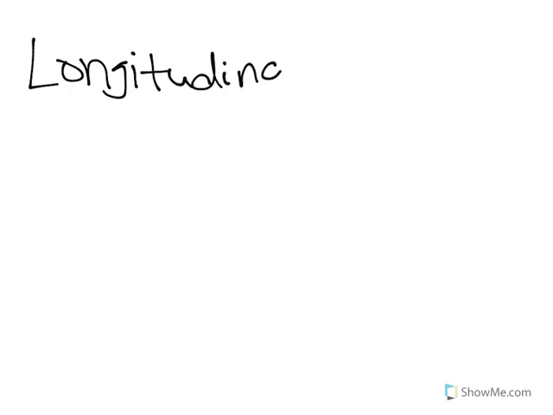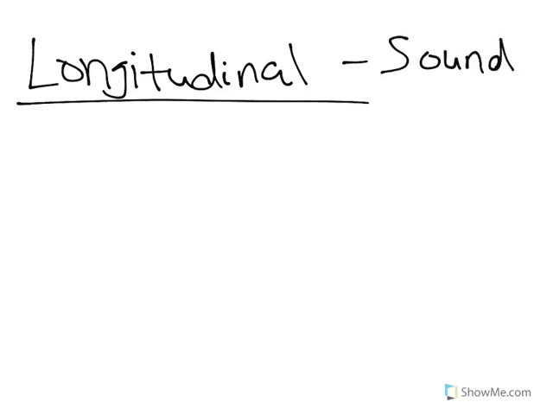Another type of wave is a longitudinal wave. This type of wave is difficult to draw, but this is basically sound waves. This is the way it looks in general.